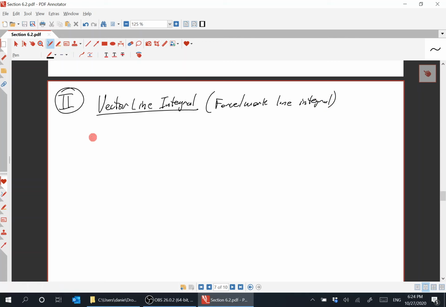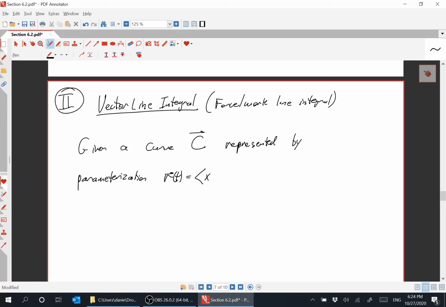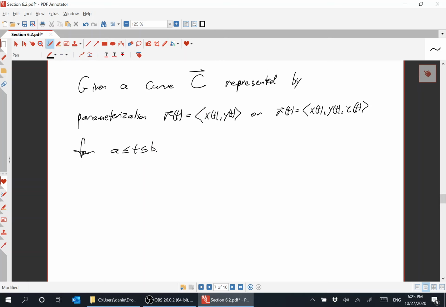So given a curve C, this time the direction along C matters, represented by parametrization r of t equal to x of t, y of t, or in 3 dimensions, r of t equal to x of t, y of t, z of t for a less than or equal to t less than or equal to b.